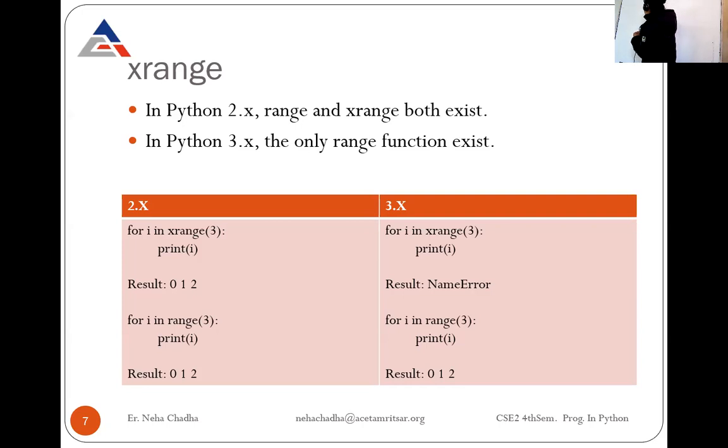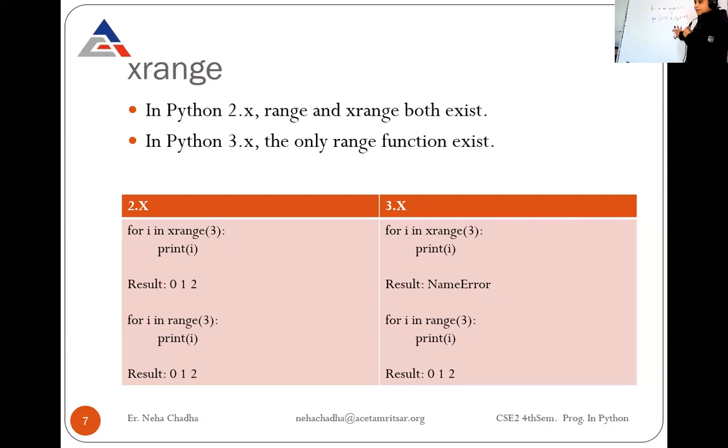I said for i in range or xrange. Here I am using first range and I am writing 3. In the case of C++, how have I written this? In C++, it has been written as for i equal to 0, i less than 3, i plus plus.